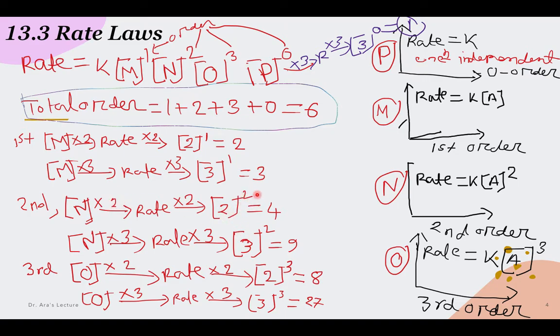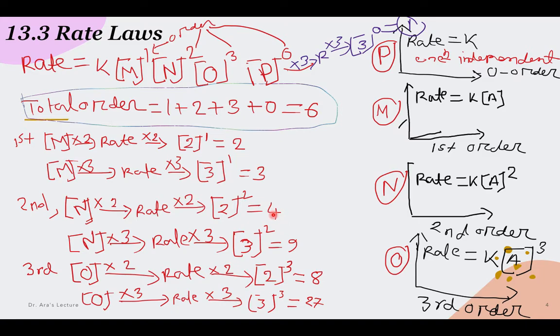Here the exponent value is 2. We can see the rate equals k times the square of the concentration of reactants. So if we increase the concentration twice, the value will come as 4.